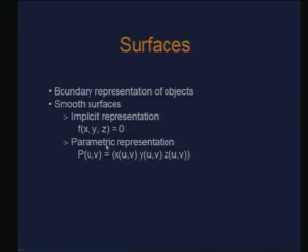And then we also have parametric representation, right. So in parametric representation, each coordinate x, y, z is represented in terms of the parameters. So in case of curves, we had a single parameter to be defined, right.